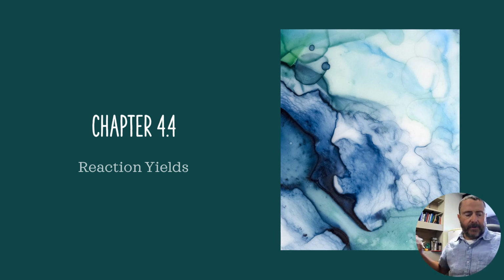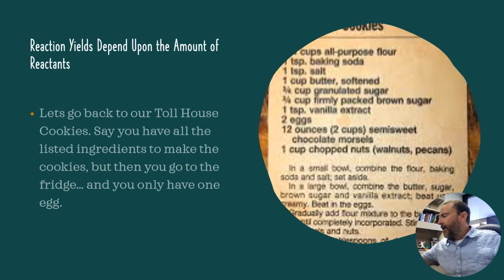All right, next up we're going to talk about reaction yields. This will be our last little section here in chapter 4. Reaction yields depend on the amount of our reactants that are present. So again, let's go back to our Toll House cookies. Let's say that you have all the ingredients listed.